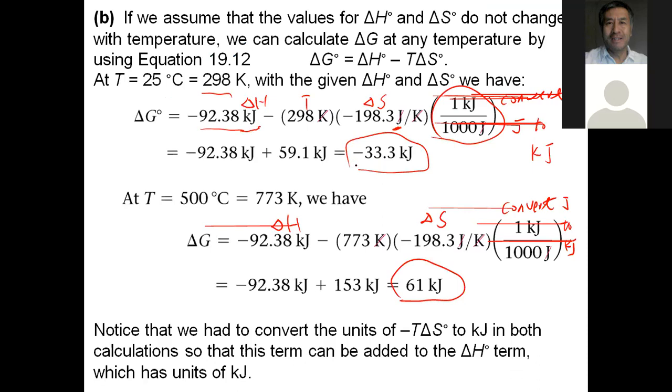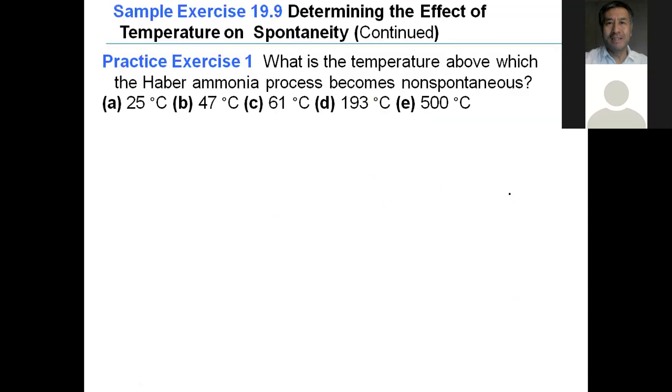We have a negative delta G at a lower temperature, this is 25 degrees Celsius, and this is 500 degrees Celsius. So clearly we can see the transition of delta G from a negative number to a positive number. So this question is, at what temperature precisely will you have a positive delta G?